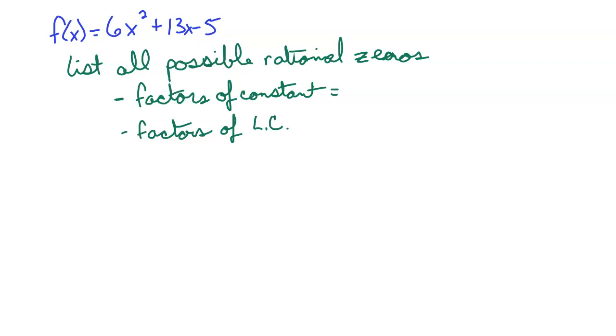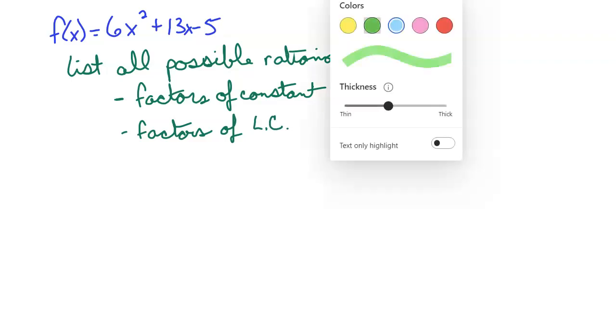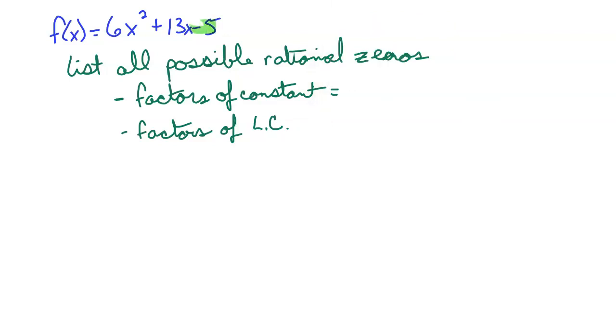So the factors of our constant is our -5 here. Well, factors of 5 are 1 and 5. So we could have a +1, a +5, a -1, a -5. Don't forget the positive and negative version of every single number.